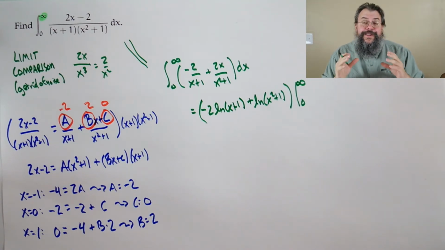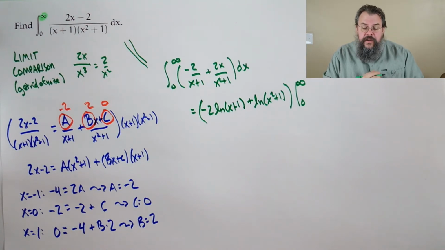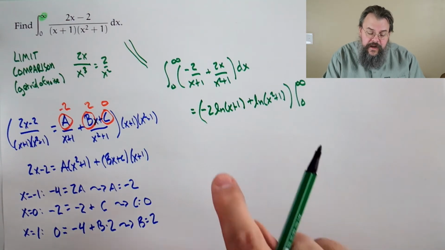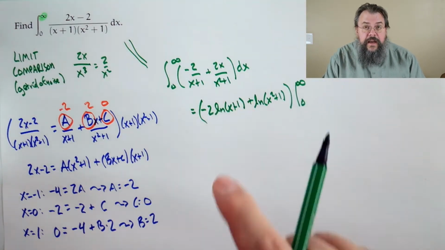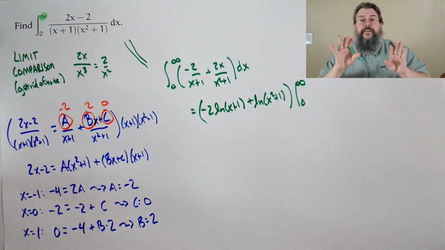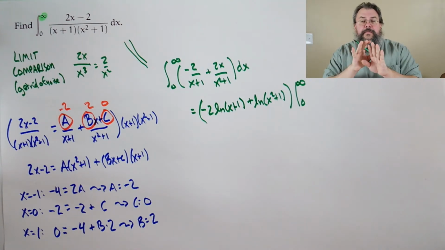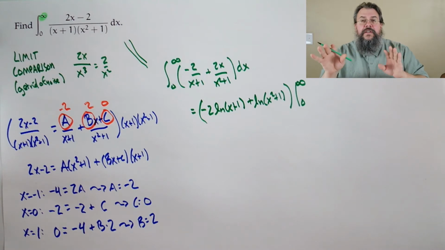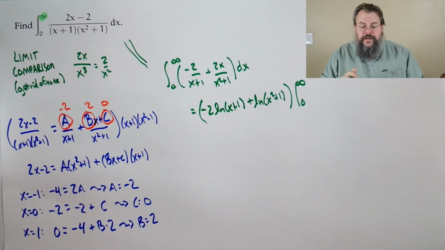Well, they're both natural logs. When we have natural logs, we can use the tools of natural logs to simplify the expression. In our case, we say, hey, if I have a natural log and I have a constant, I can move the constant as an exponent. And if I have two natural logs combined together, say by addition, that would make one natural log where they're multiplied, or there's a subtraction, it becomes division.